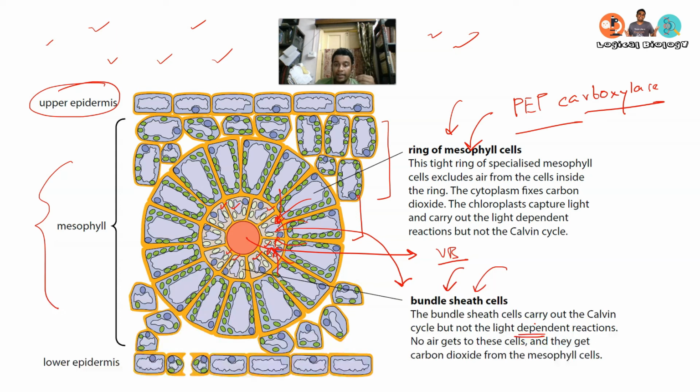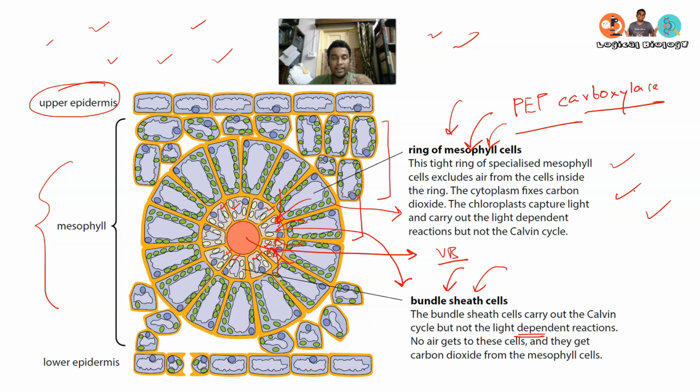But here in the bundle sheath cells, it doesn't have any grana. Their chloroplasts are agranal, so they cannot perform light dependent reactions, right? But if you come here in the mesophyll cells, these mesophyll cells are having chloroplast, which will definitely have grana, so they can perform the light dependent phase.